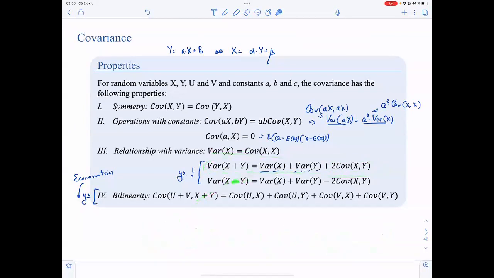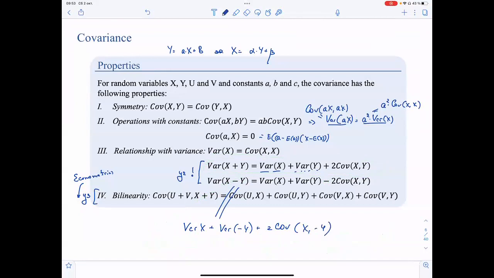In case you have a minus here, the only minus that appears is behind the covariance. Why so? Because if you were writing that formula in general, you would have a variance of x plus a variance of minus y plus 2 covariance of x and minus y.